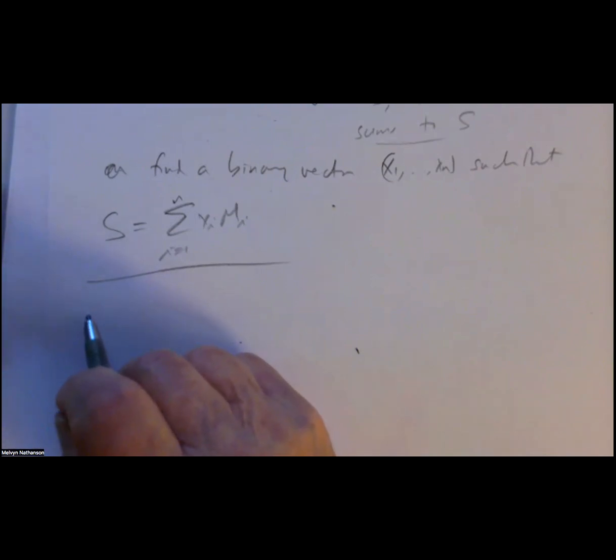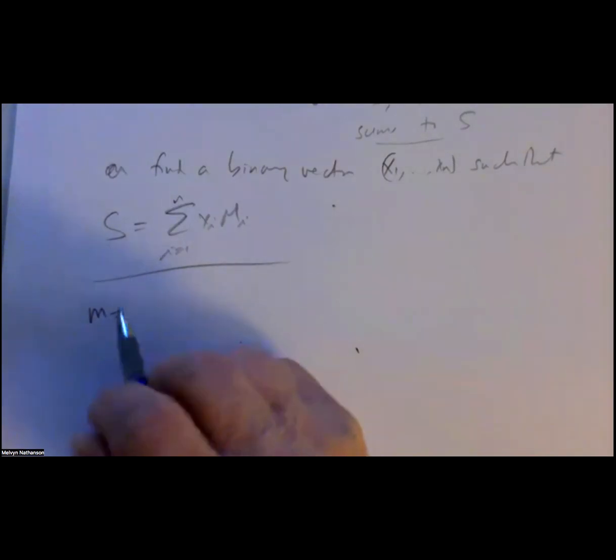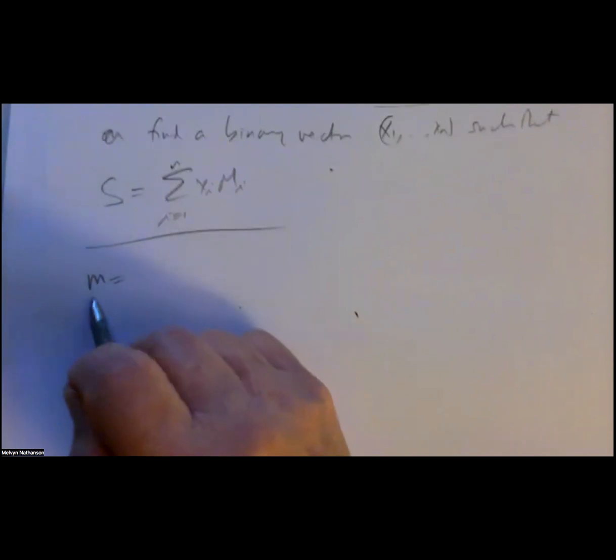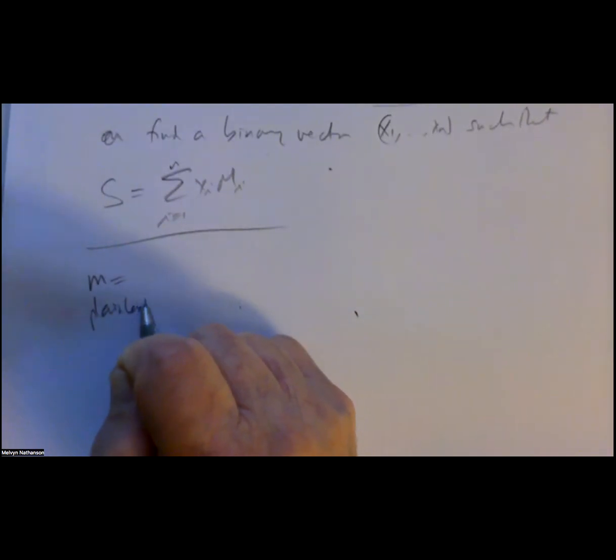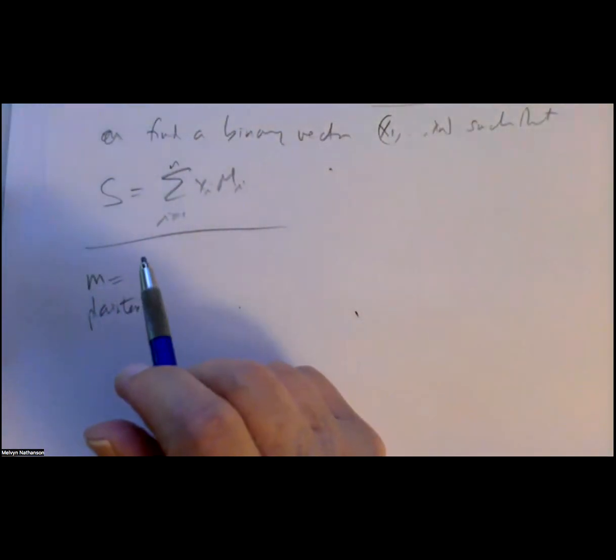Now, you can imagine a way to use this to make up a secret code, a cryptographic scheme. So you have your message M, your plain text, which is, everything is in integers, a number, which you can write in binary.